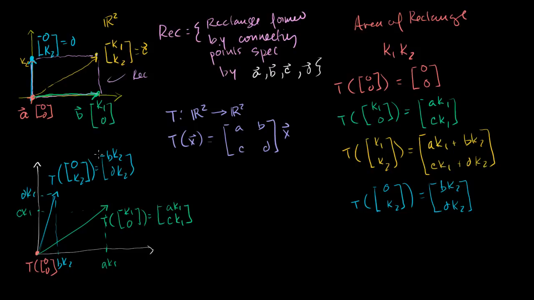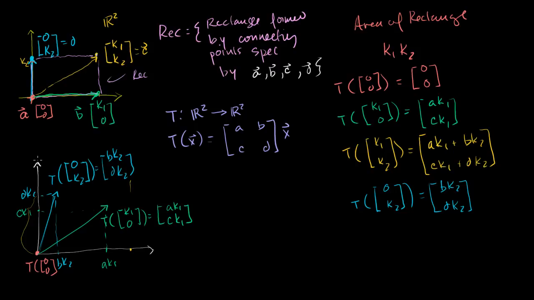Now this last guy, this yellow point, when I transformed it, what do I get? I got ak1 plus bk2. So ak1 plus bk2 will get you right about there. So that's going to be its x-coordinate. And then its y-coordinate is ck1 plus dk2. So ck1, and then I'm going to add that much again to it.